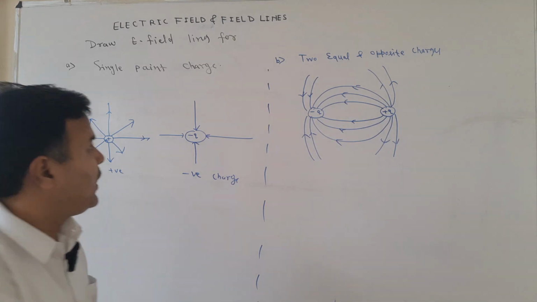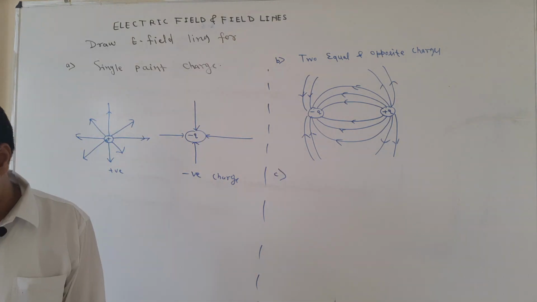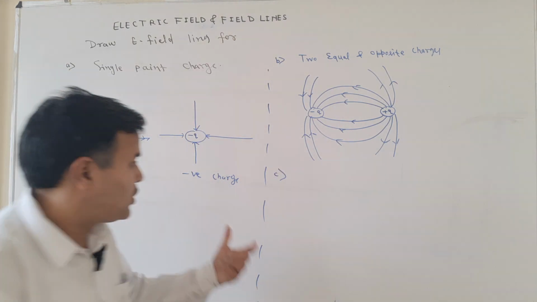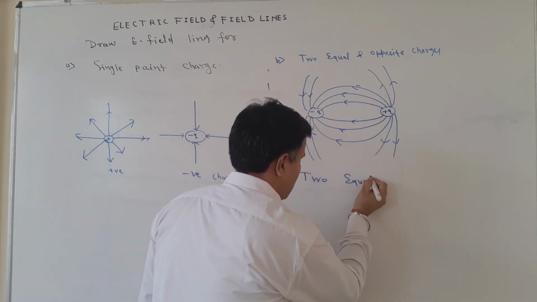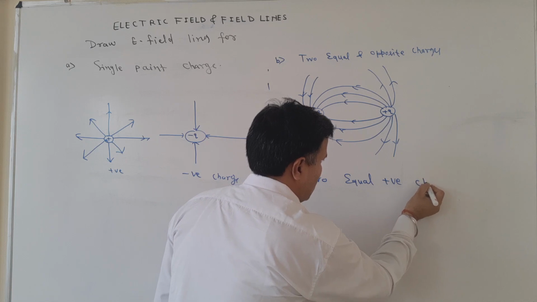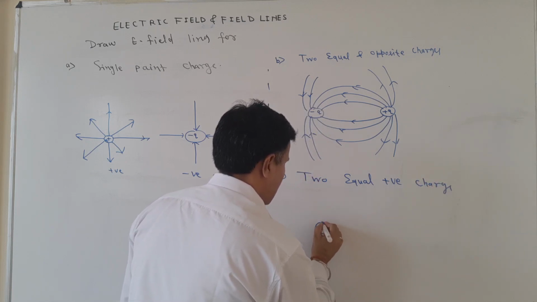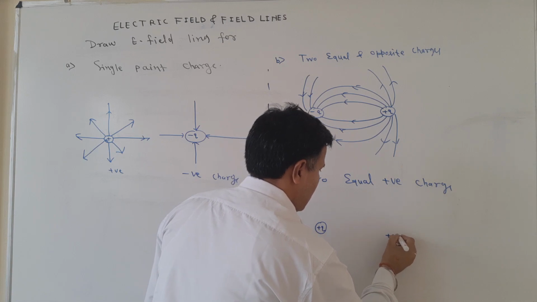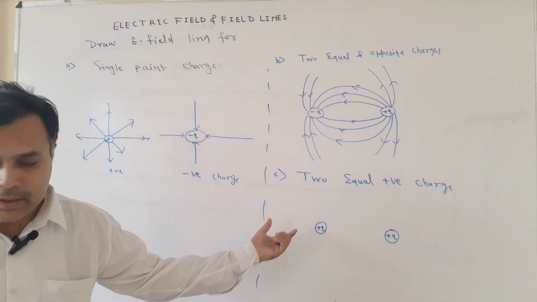Now what happens if we have another case? How to draw two equal positive charges? How to draw the field lines or field patterns in this case?